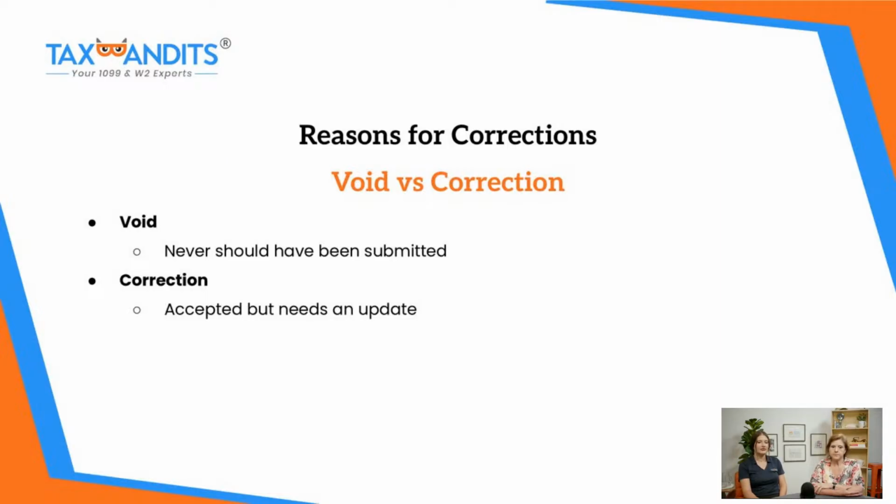Right. So, for example, a void may be appropriate when the same filing was submitted twice, an employee was reported who should not have been included, or a filing was submitted for the wrong quarter. Also, a correction may be appropriate when the employee's wage was incorrect, the withholding amount was incorrect, or employer or employee information needs to be updated.